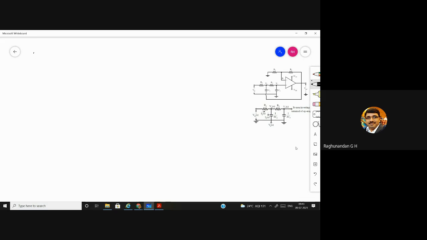Today we'll discuss the mathematical analysis of the first order low pass filter. So we have a resistor and a capacitor with an op amp, connected to the positive, non-inverting terminal.